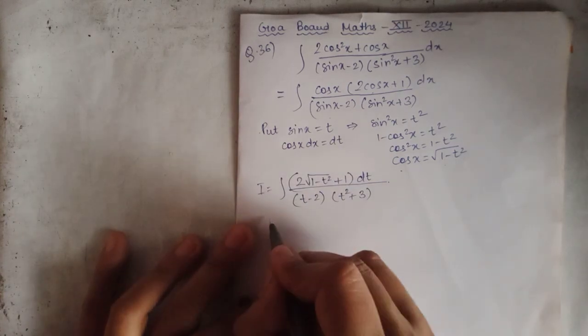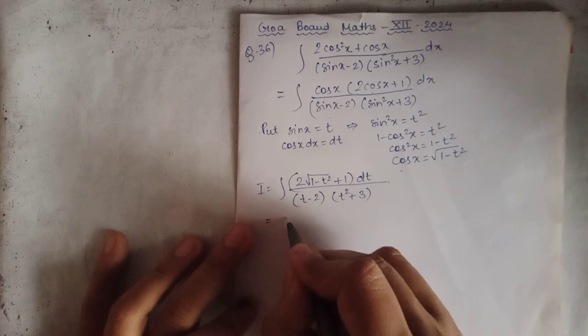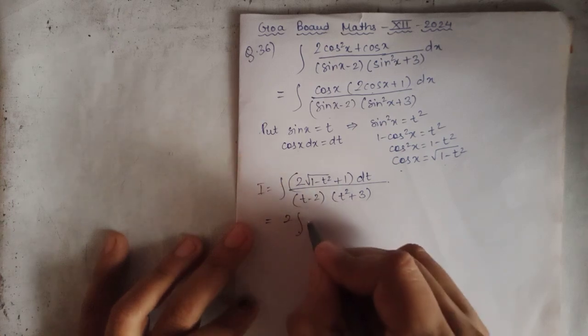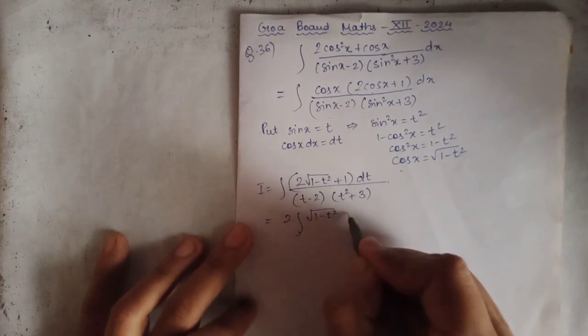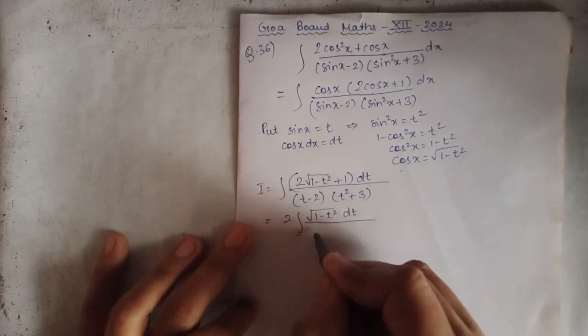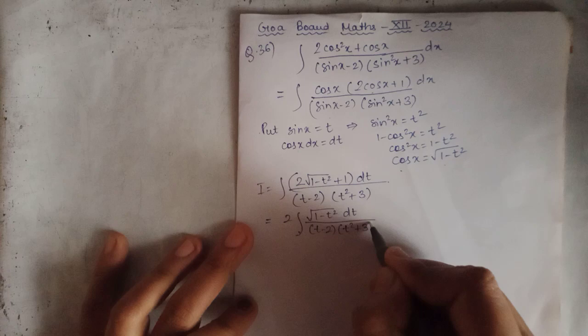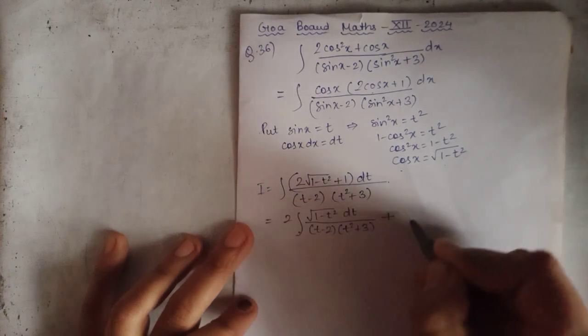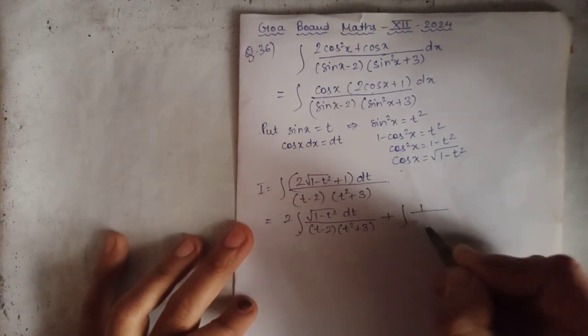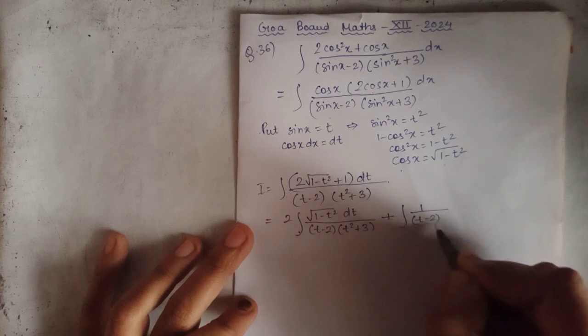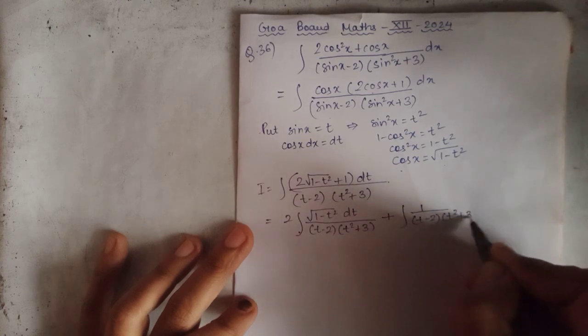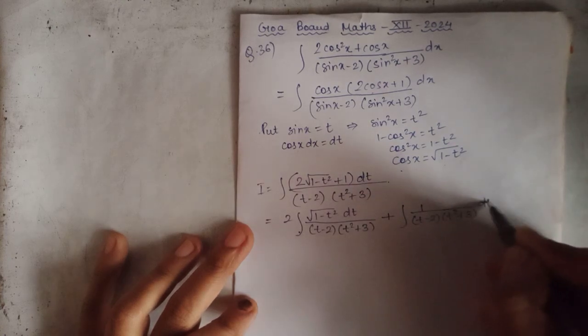So we can write this as 2 integral root of 1 minus t square dt upon (t minus 2)(t square plus 3) plus integral 1 upon (t minus 2)(t square plus 3) dt.